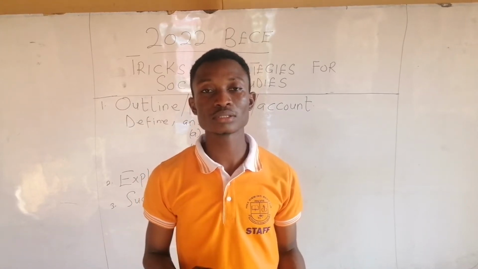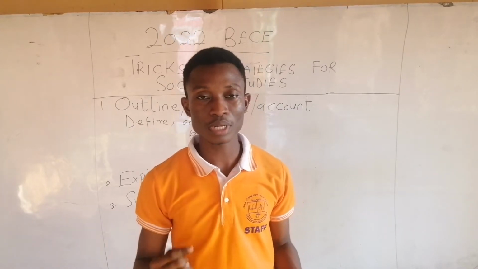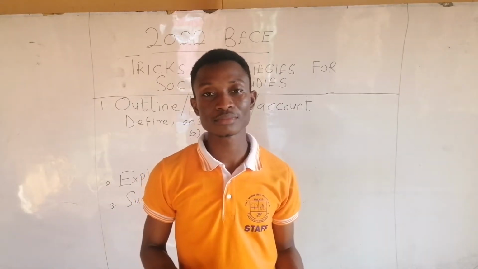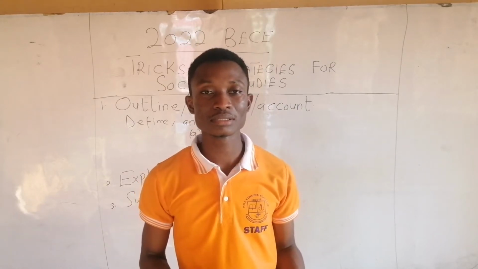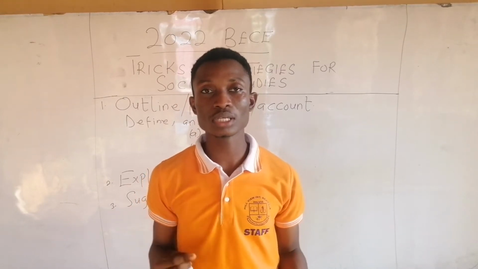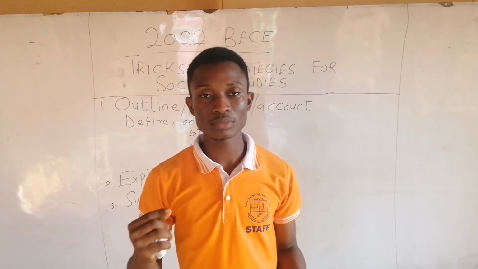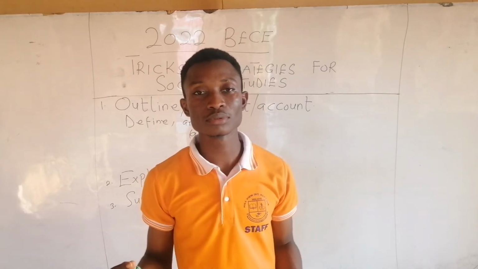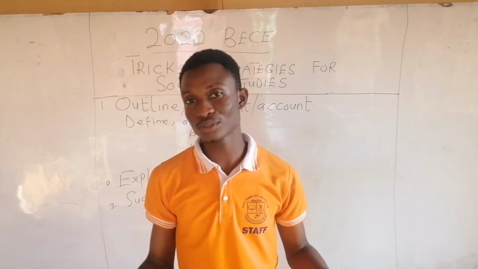B. NGOs and other bodies should promote girl-child education in order to reduce the habit of moving to the city to earn a job in order to earn a living. You see? So this is how you should do it.